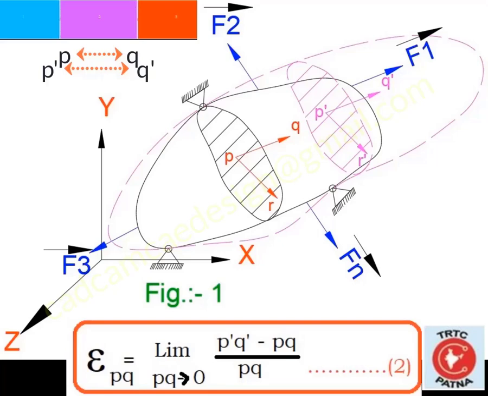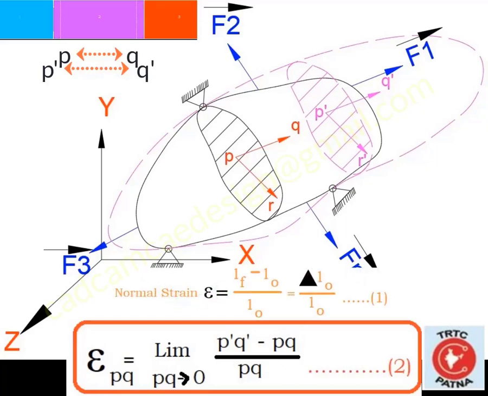It is important to note that the normal strain at the same point P in another direction is in general different. It may also be mentioned here that equations 1 and 2 give identical values of normal strain in the case of homogeneous deformation of a body.